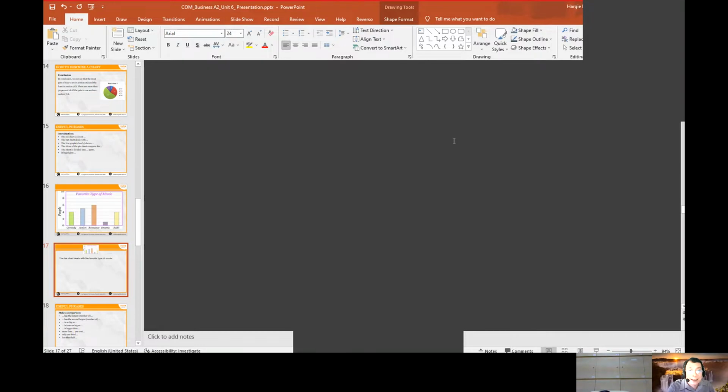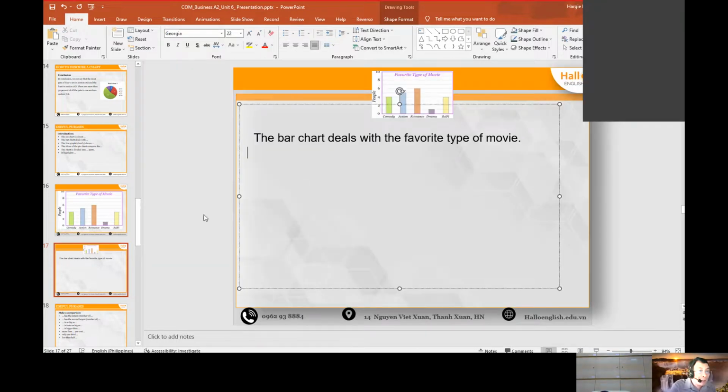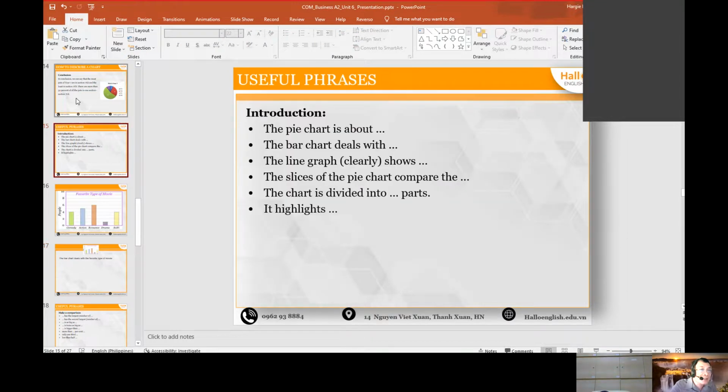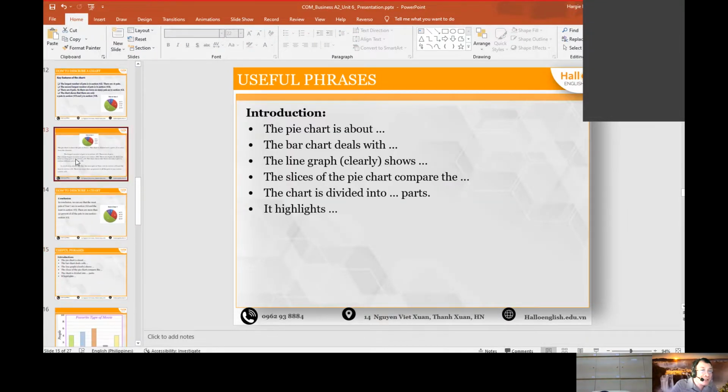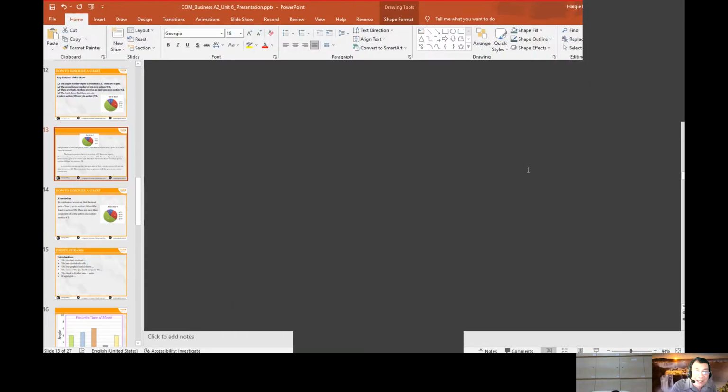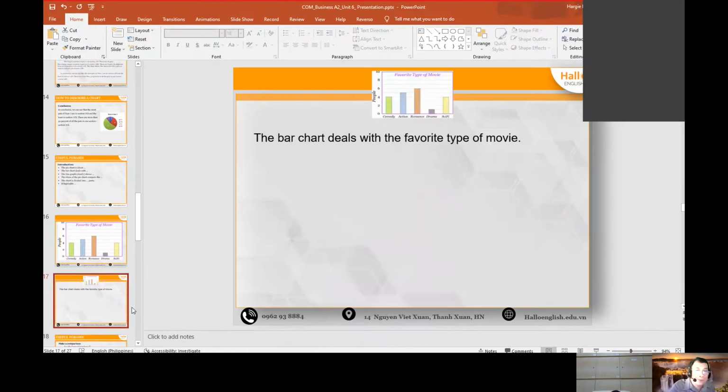Then after knowing the title, what's next? We are going to tell how many divided parts the chart has. So we can say the chart is divided into.